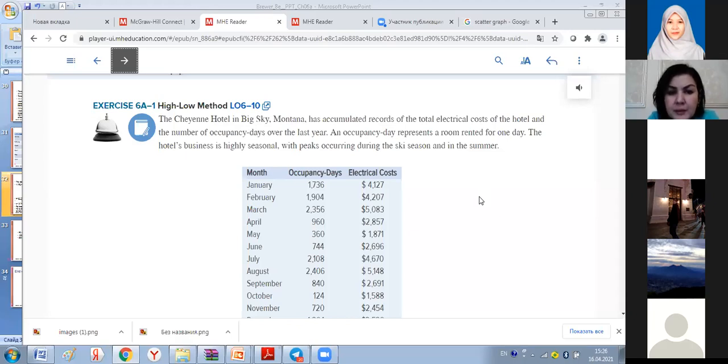The hotel's business is highly seasonal, with peaks occurring during the ski season and in the summer. So we have months, the number of occupancy days, and electrical costs associated with this number of days, right?